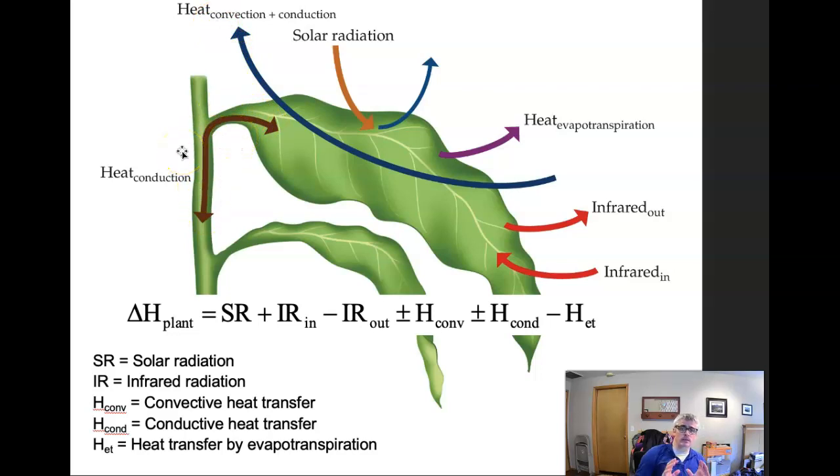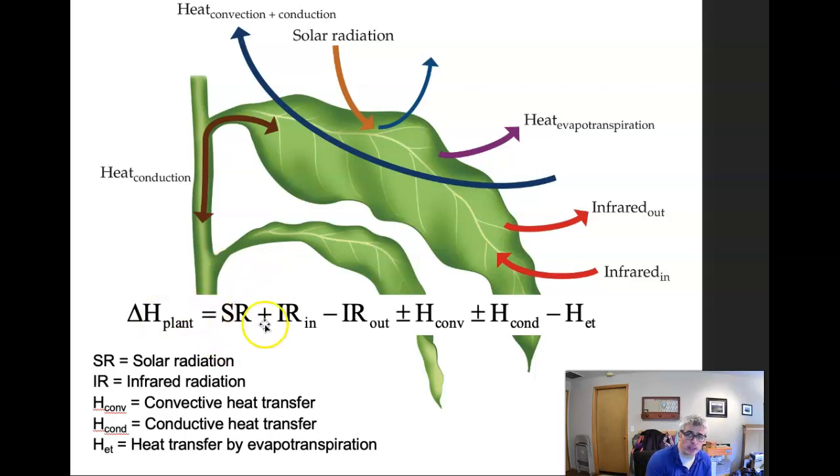Now, some of these terms are always positive, and some of them can be positive or negative depending on what's going on. So if we have delta H plant, what that's saying is delta is change, change of heat for the plant. So if we want to figure out how the plant's going to fare under a variety of conditions based on temperature, these are the factors we need to think about.